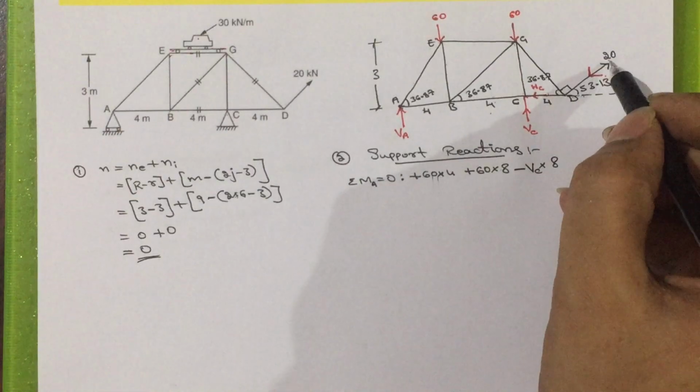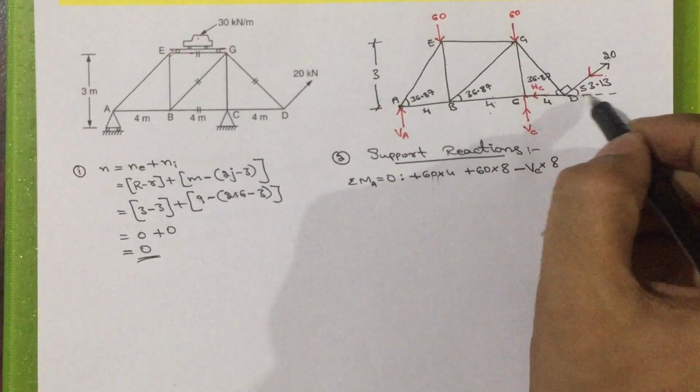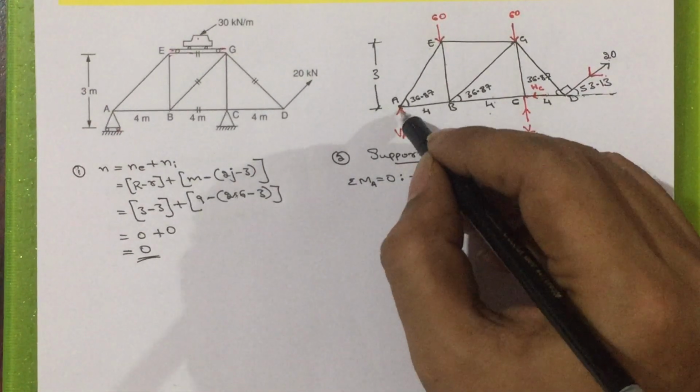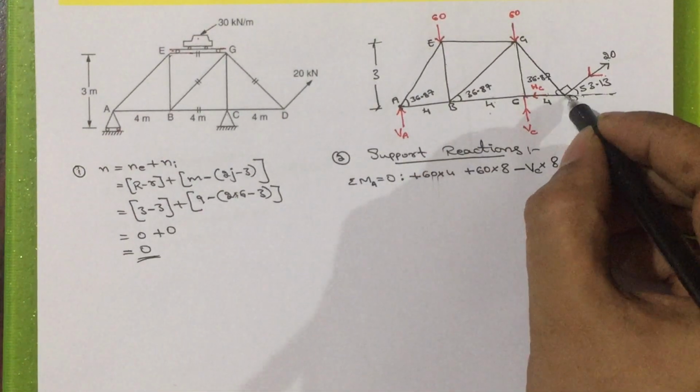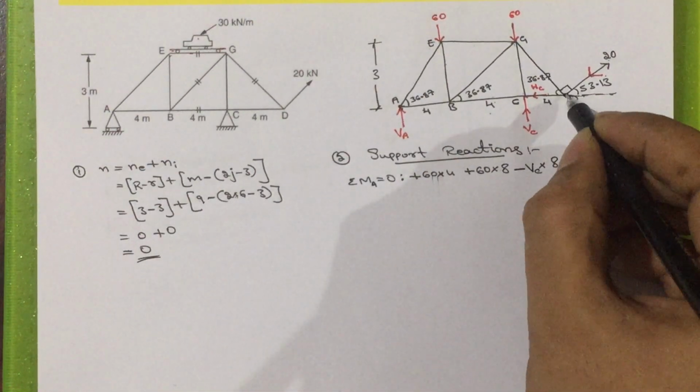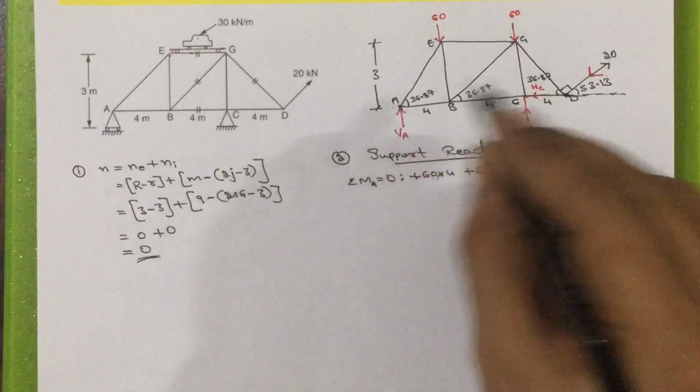Then we have here the 20 kilonewton force. Here the horizontal component will pass through the A point. It is acting at this point, so the horizontal component will pass through the A point.